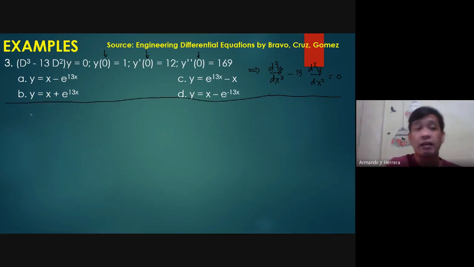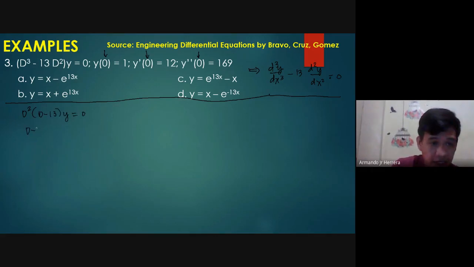Using reduction of order, so factoring this out, that gives us D squared times (D minus 13) y is equal to 0, which can be written as (D minus 13) D squared y is equal to 0, since multiplication is commutative. So expressing this in terms of lower order, let this be q.